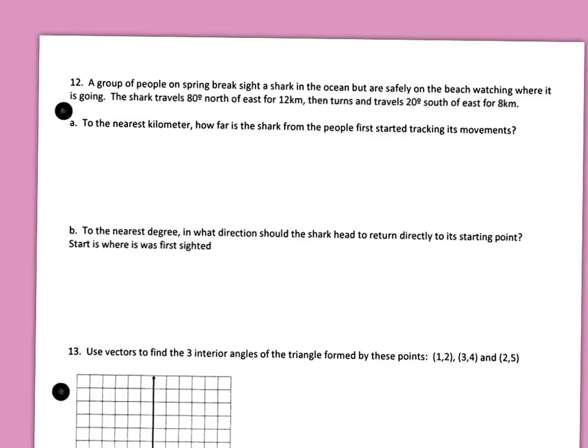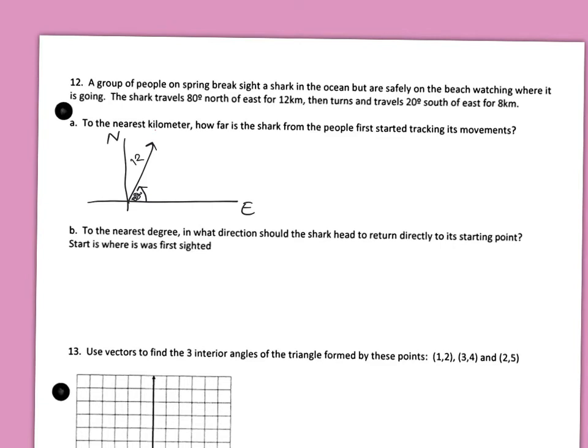So we've got what? First quadrant, it seems like, because they seem like positive numbers, and first quadrant angle. So 80 degrees north of east. So this way, and this is the 80-degree angle here, and the distance is 12.